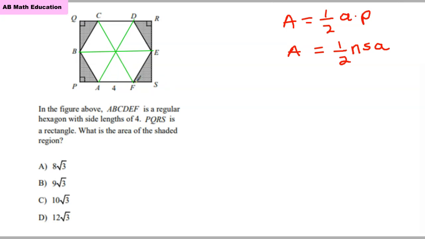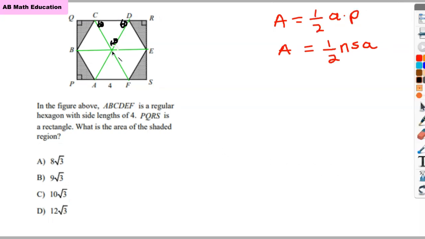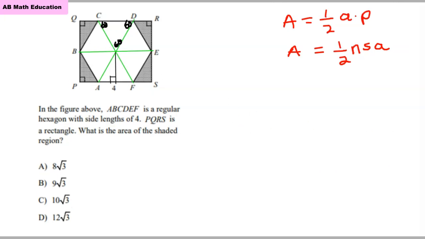Before then, we can assume that these angles are 60 because it's divided equally, so 60 and 60. All the triangles are equal, so we can say 60 here, 60 over here. So let's go ahead and get our perpendicular height. If we draw that line, we can get our perpendicular height, and we realize that this is going to be 30 here and 60, and we got a 90 here.